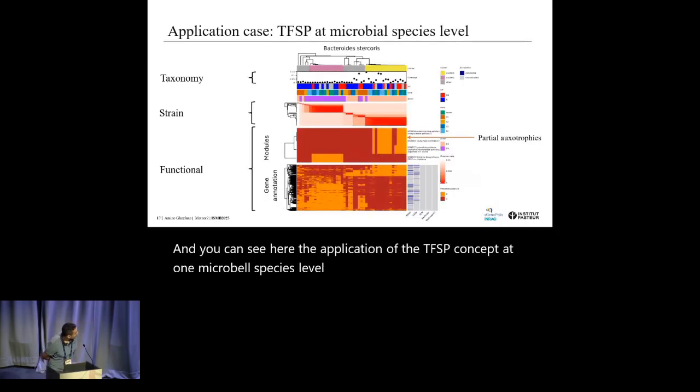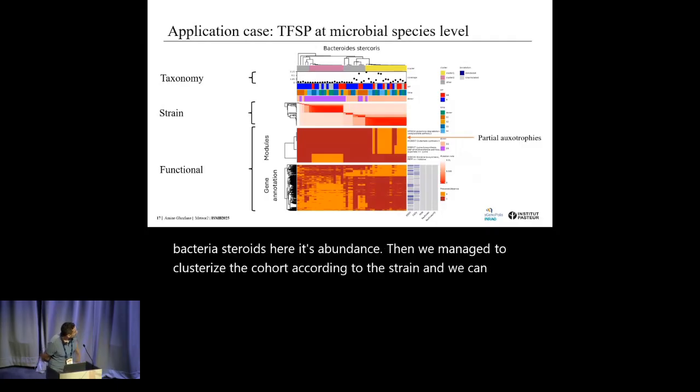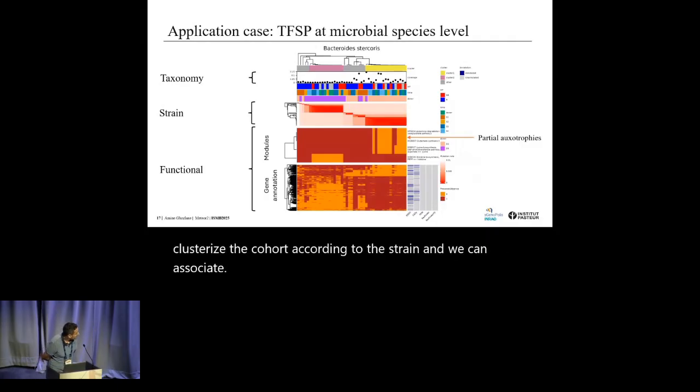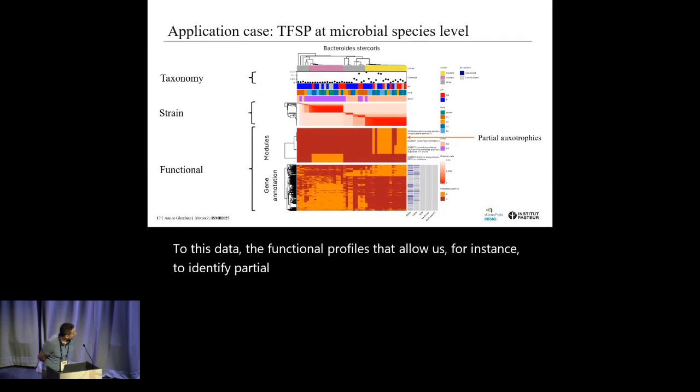Basically, we get for Bacteroides stercoris its abundance. Then we manage to cluster the cohort according to the strain, and we can associate to this data the functional profiles that allow us, for instance, to identify partial auxotrophies that match quite well with the donor.